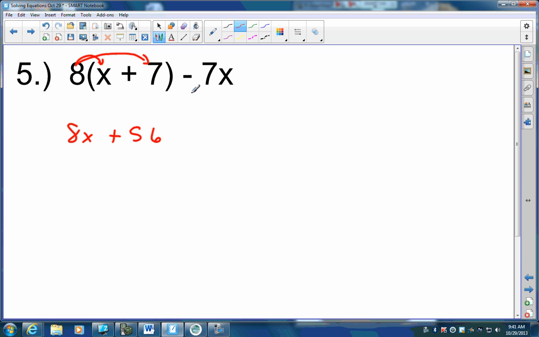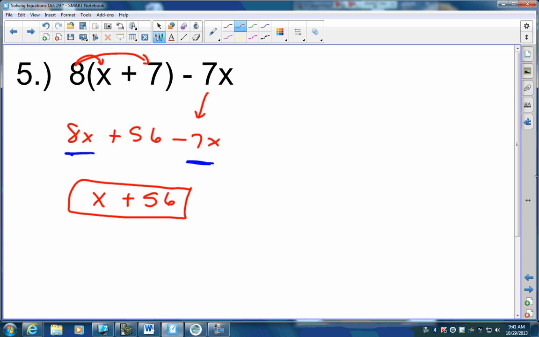Now, this minus 7x is not in the parentheses, so I just drop it straight down. So now we'll put together the x's. So I have 8x minus 7x, which is 1x, plus 56. And that's your answer. So you would put the original into y1, what you believe the answer is into y2.